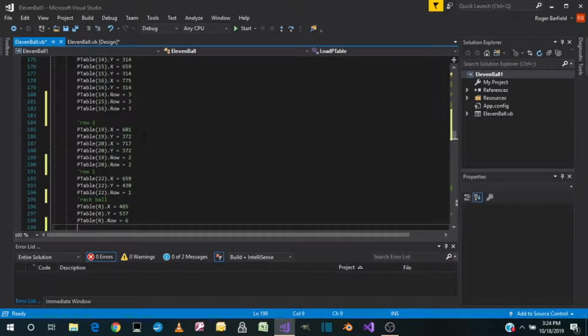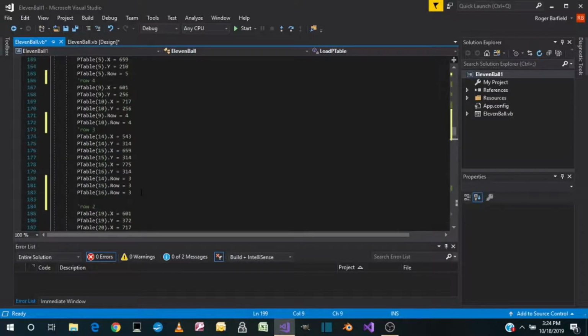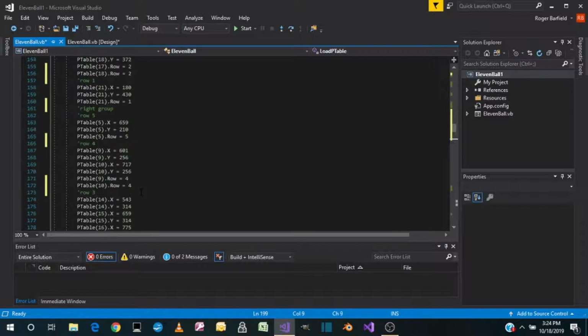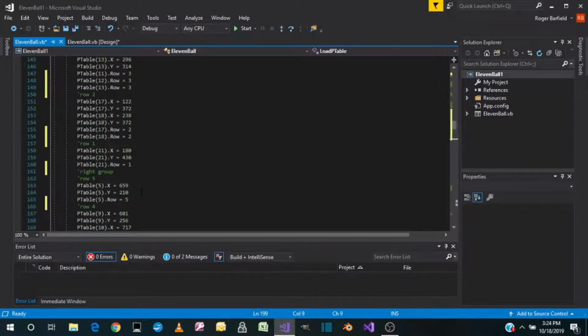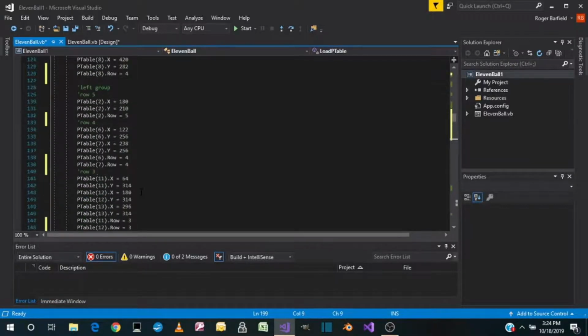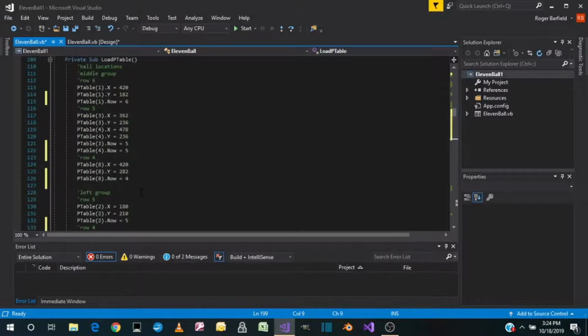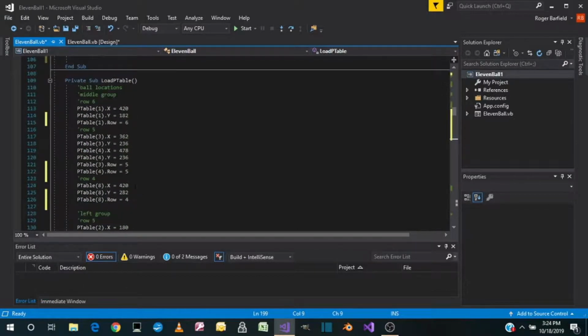Well, we're done loading all the rows up. Now the brackball is special. I'll leave it at 6 right now. Let me just scroll through these, make sure they all look right. Okay, now let's go ahead and close this back up.